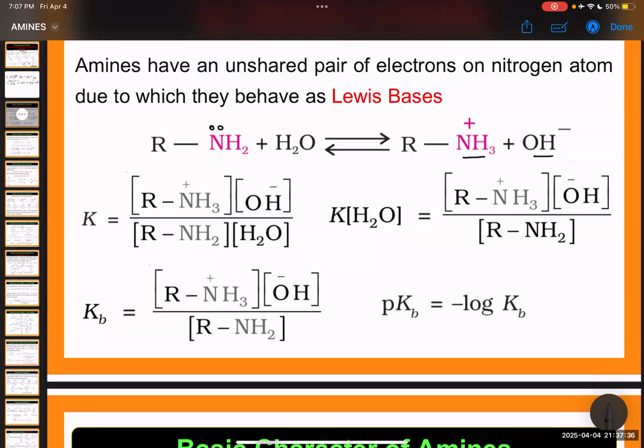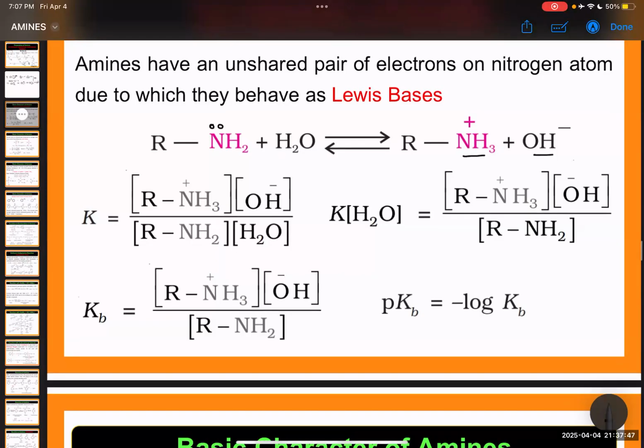They are bases. And to measure their strength, that is, how strongly they can donate their lone pair, note that this is an equilibrium reaction. You know, I have put a double-headed arrow. You can see that this can be measured by its equilibrium constant Kb, right?